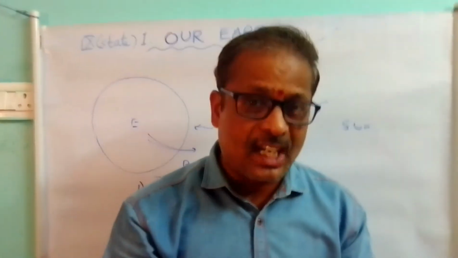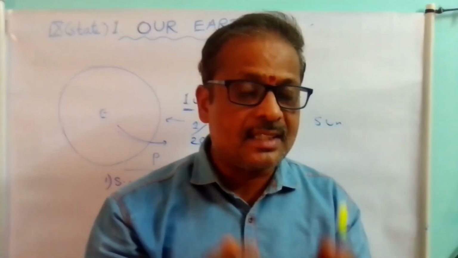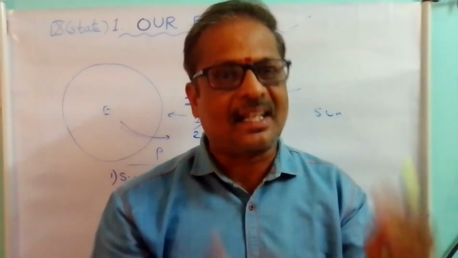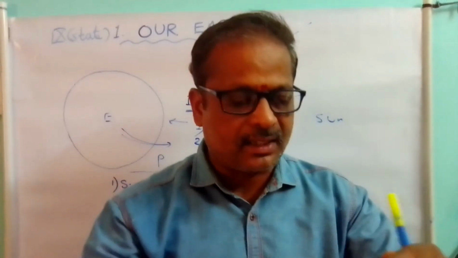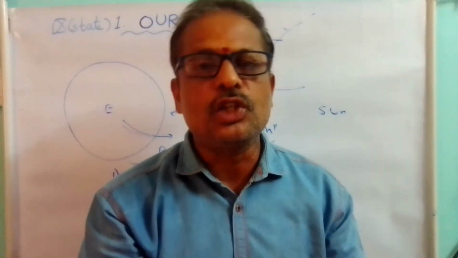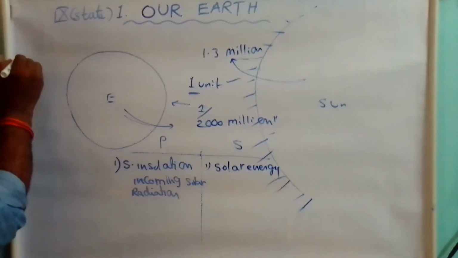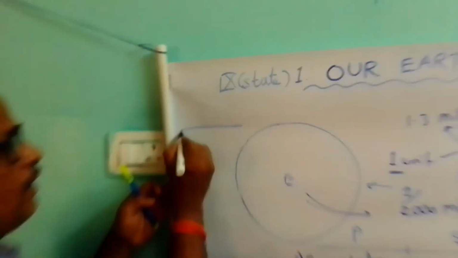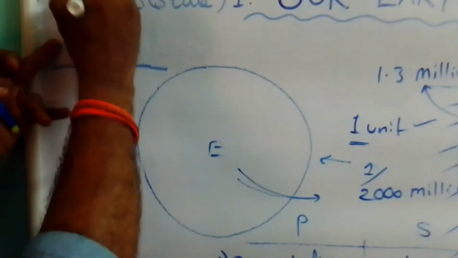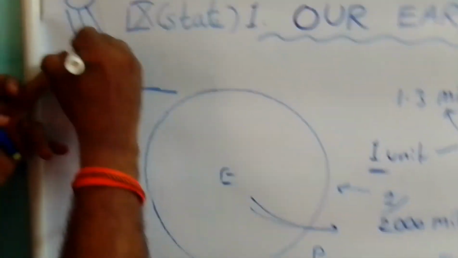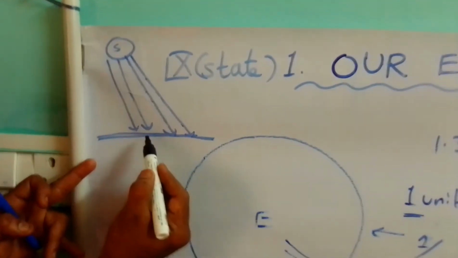And I already told you only 1 by 2000 millionth part is received by our Earth. And what about the remaining energy? We have come to know that the Earth is not in a position to receive the total energy. From that total energy, the maximum part is reflected again from the Earth into space. Suppose we take the surface of the Earth in this way, and energy is approaching from the Sun to the Earth in the form of rays.